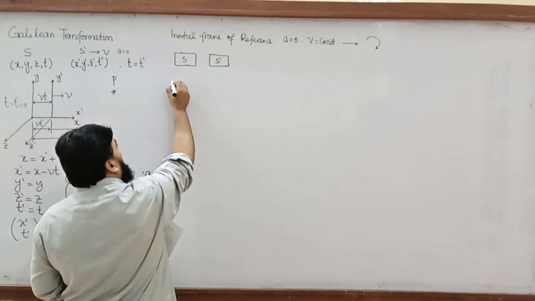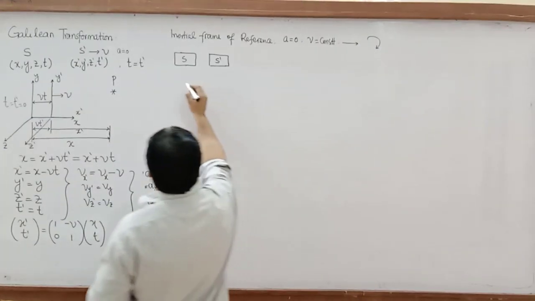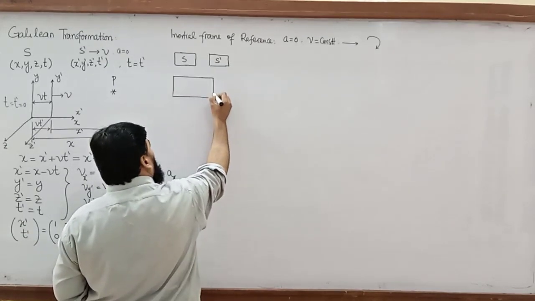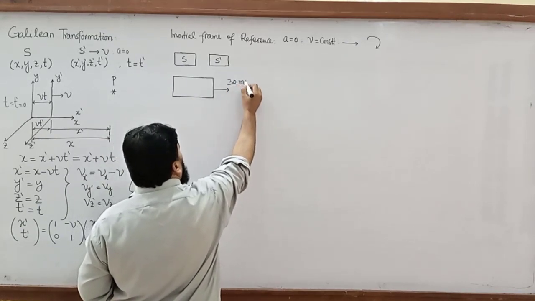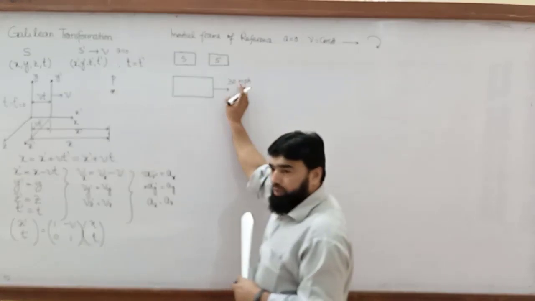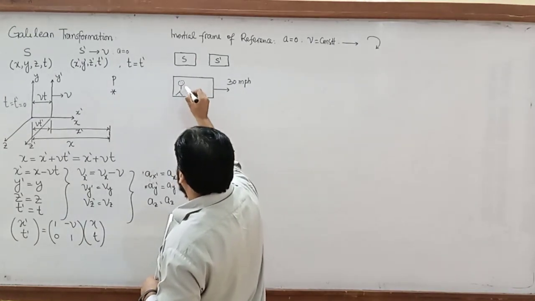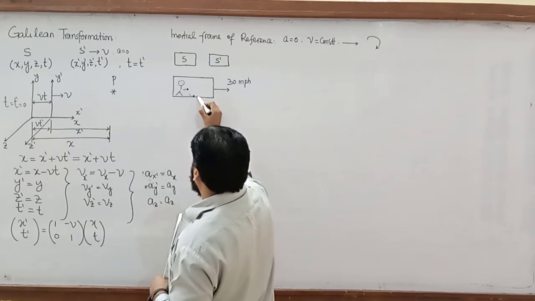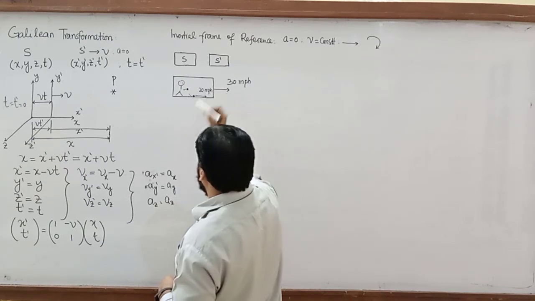Now let's consider an example. Consider the situation. Let's say this is a frame and this frame is itself moving at, let's say, 30 miles per hour. And a person is here and he throws a ball, means rolls it on the surface, and that ball also moves at 20 mph, for example.